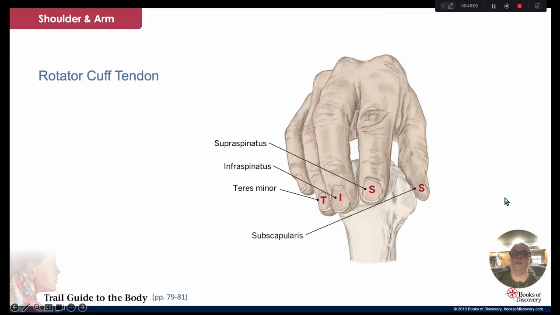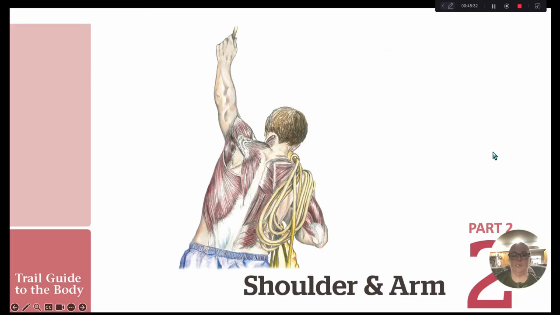If you were to put your fingertips around the head of the humerus, this is kind of where those muscles all attach. So you have teres minor, infraspinatus, supraspinatus, and then bicipital groove here, and then you have that lesser tubercle over here. In the next video, we're going to be going over part 2 of the shoulder and arm.